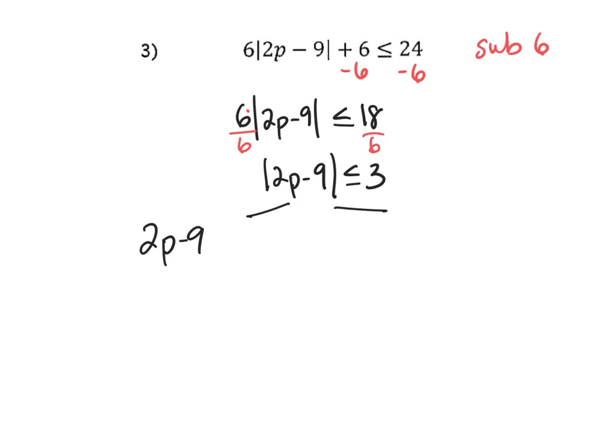2p minus 9 is less than or equal to 3. And then I've got to do the negative 3, right? So I'm going to do 2p minus 9 is greater than, so flip the inequality. Go ahead and do the math with the people at your table.